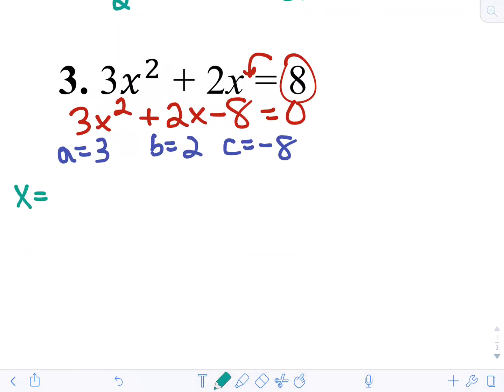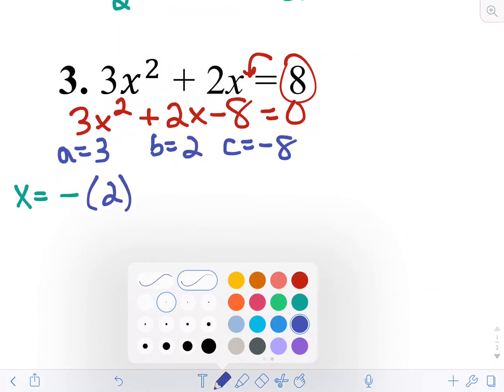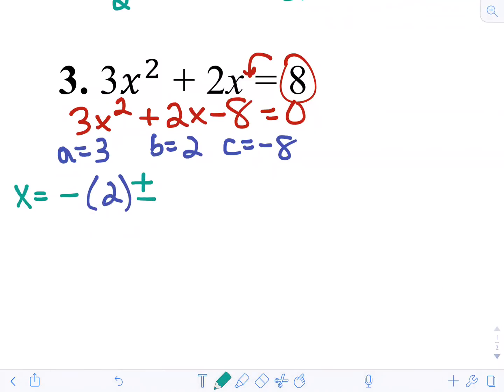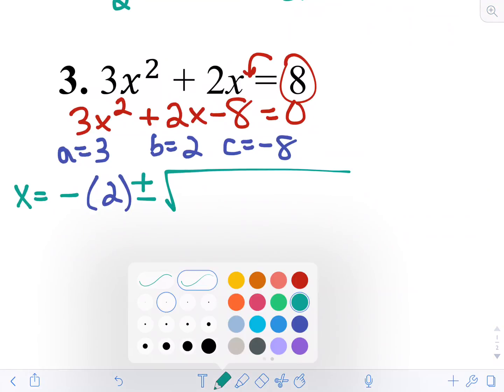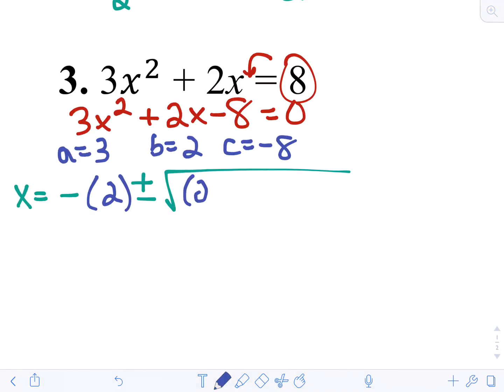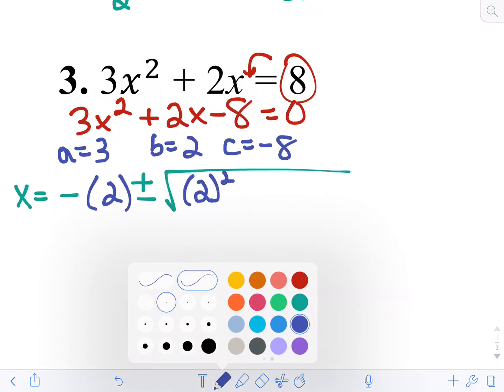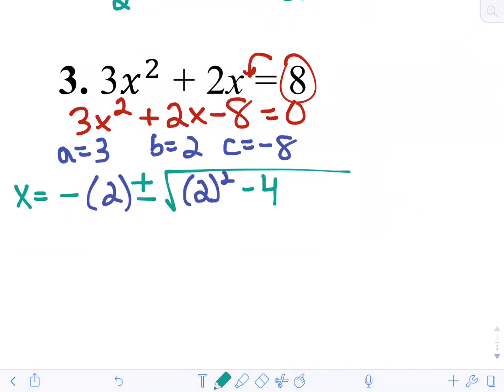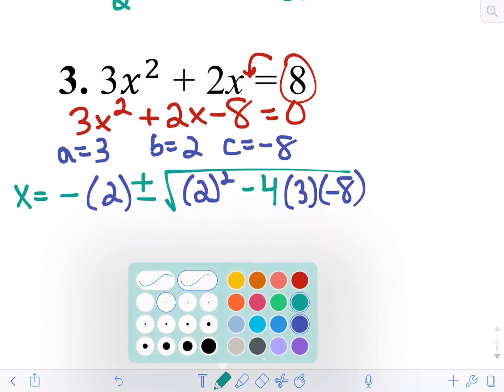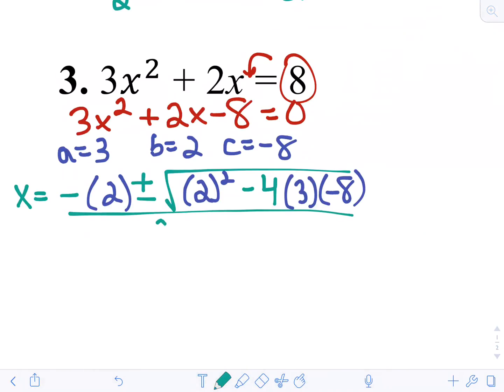So x is equal to negative b, so I'm going to plug in my b, plus or minus the square root of b squared, so 2 squared, minus 4, a was 3, c is a negative 8, all over 2 times a, which is 3.